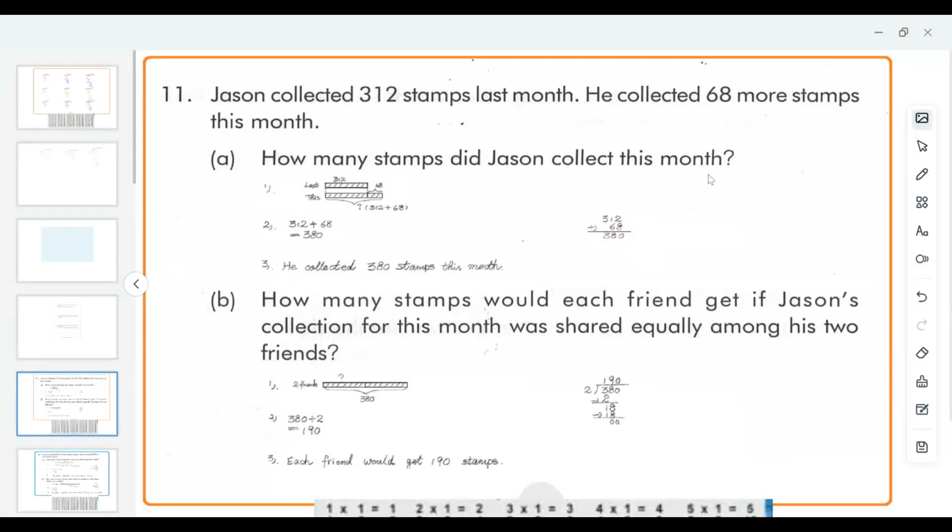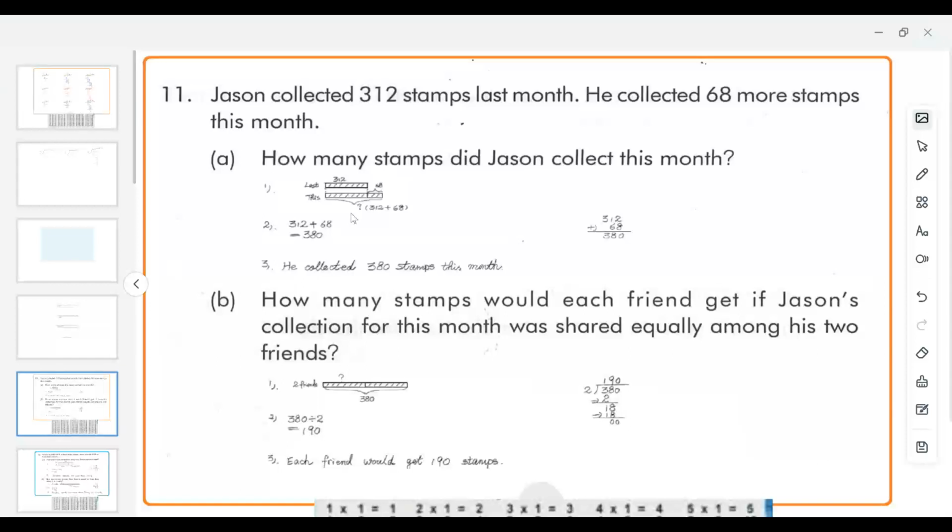Okay, we compare these 2 months. So first we draw a diagram. The last month and this month. Last month is 312. This month is this much plus 68. So it means 312 plus 68 this month.